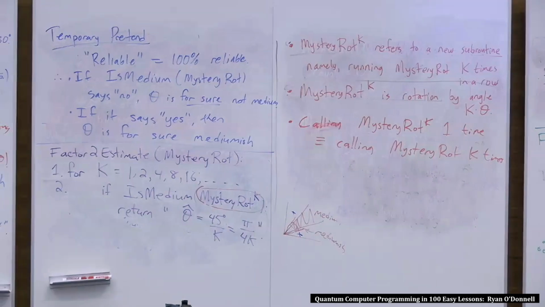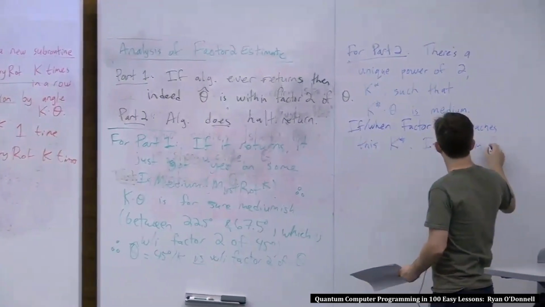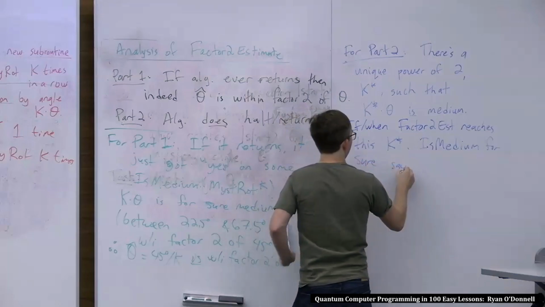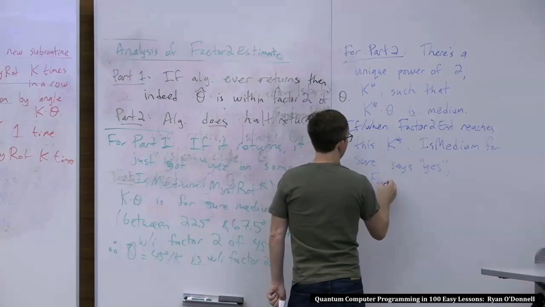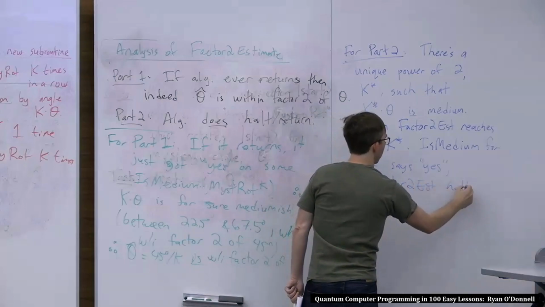So when it reaches this k star, is medium for sure says yes. And therefore, factor 2 estimate does indeed halt or return at this point.